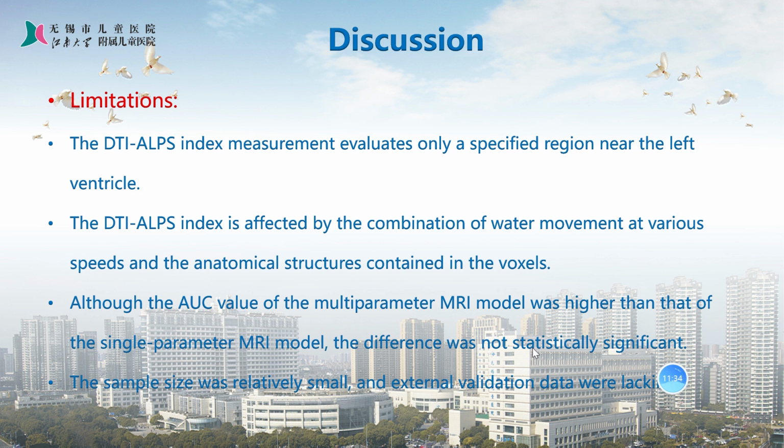In addition, the DTI-ALPS index is affected by the combination of water movement at various speeds and the anatomical structures contained in the voxels. Although we included MRI-negative cases to minimize the effects of structural changes, the residual influences should be investigated.